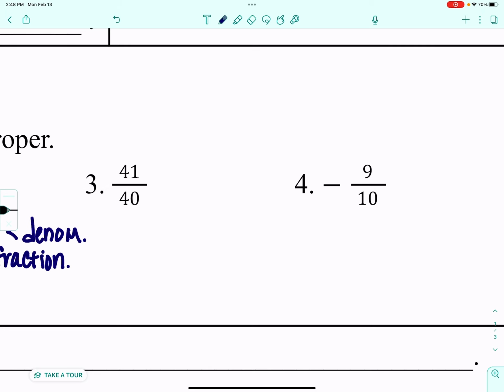If I look at 3, I notice that the numerator is greater than the denominator. That means this one is an improper fraction.